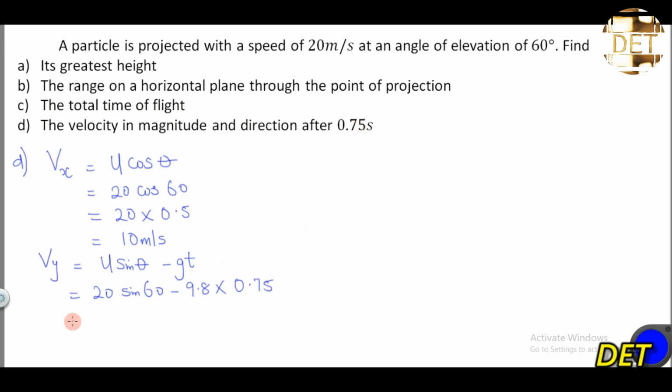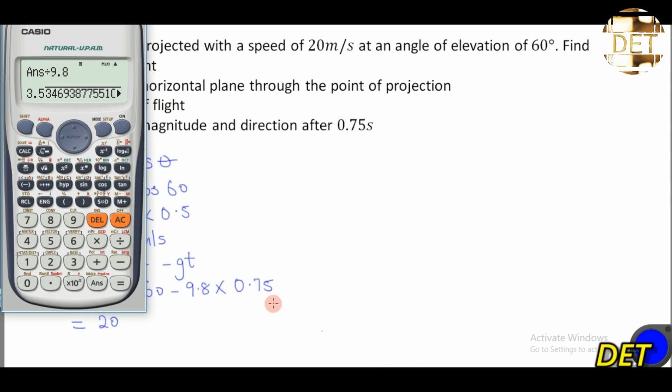So having done that, this will be equal to 20 sine 60 is what? Sine 60 is equal to 0.866, right?